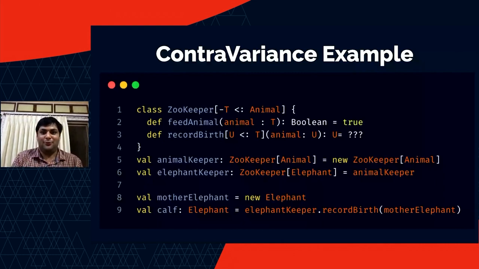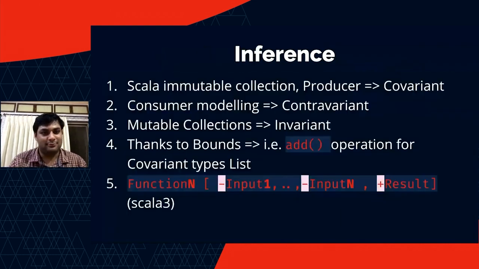So let's infer from all this understanding of contravariance and all the variance types what we learned. Producers, and most of the Scala immutable collections we saw, which produce or retrieve an element of type T, are covariant. And whenever we want to model something which consumes that particular type, it seems contravariant.